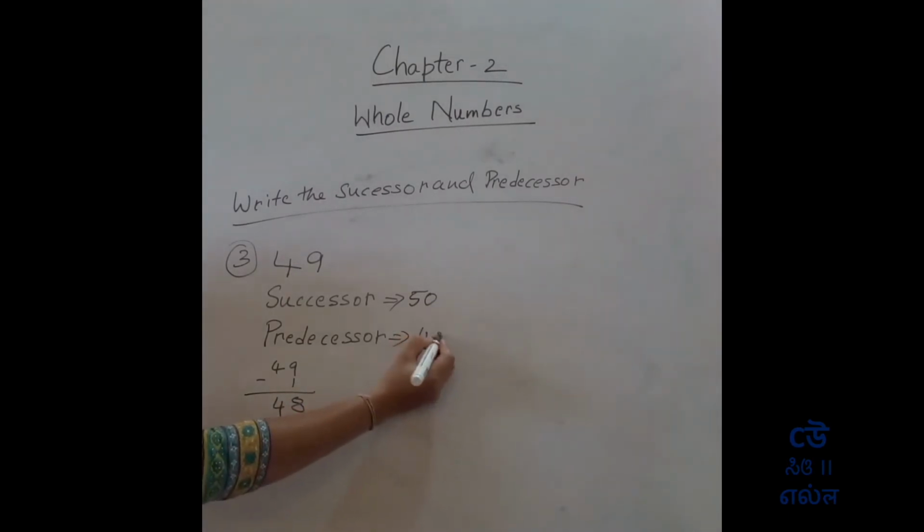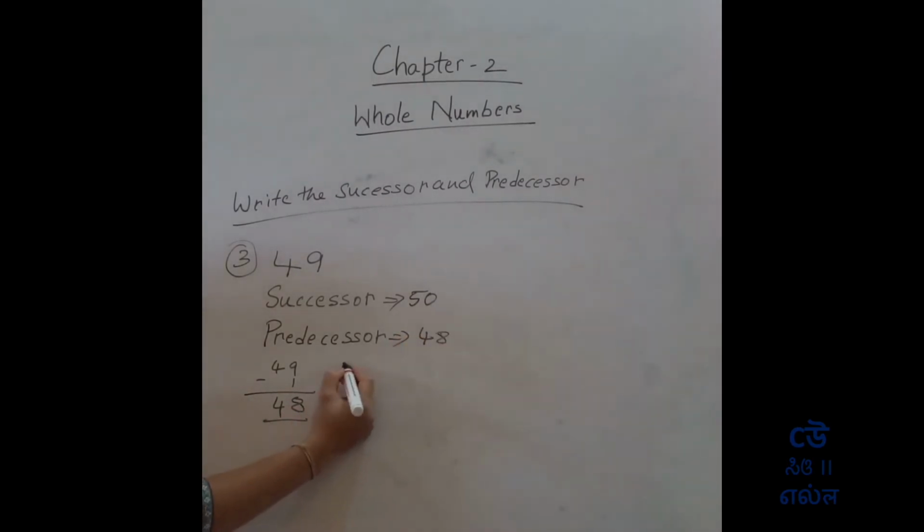So 48. Okay. So 49 plus 1, 9 plus 1 is 10, so 50. You can write like this and find the answer. This is for successor, this is for predecessor. Understood, children? If you can directly identify the next number, that is the successor number, you can write. Otherwise, you can use this method. Okay.